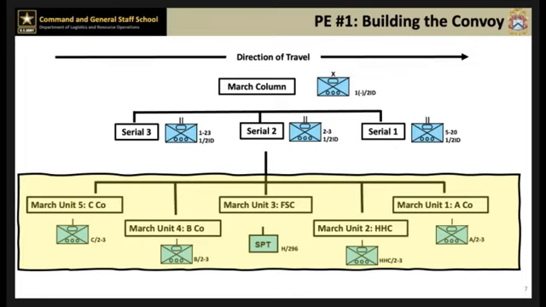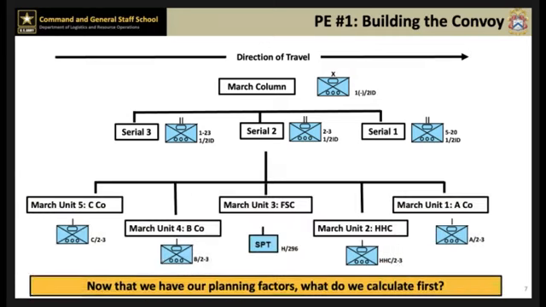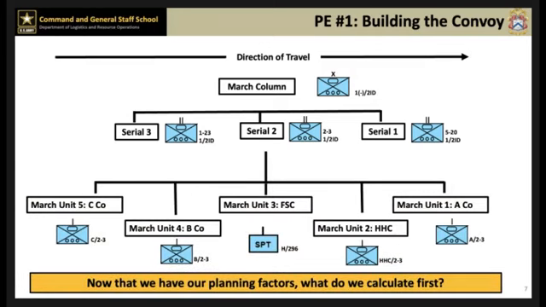Commanders would consider the mission variables of METTC when deciding how to configure each convoy, as well as considering guidance from the movement order. Now that we've organized our march column into 3 serials and 15 march units, what happens next?